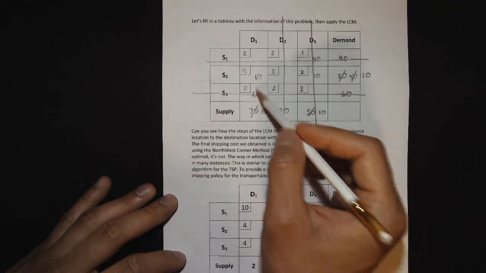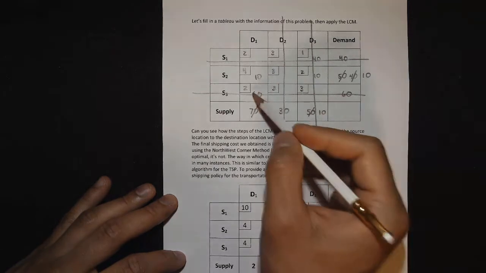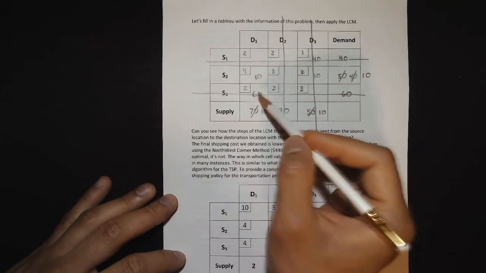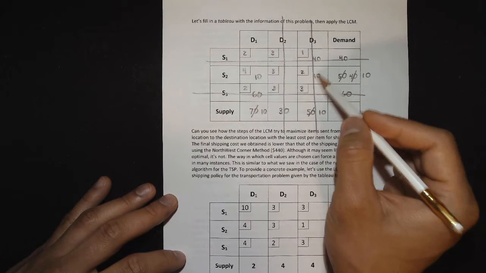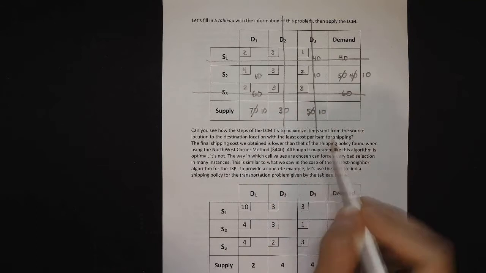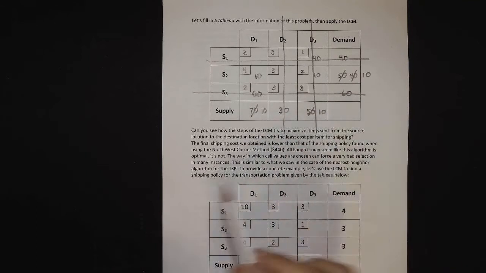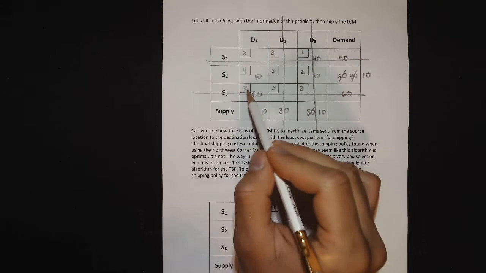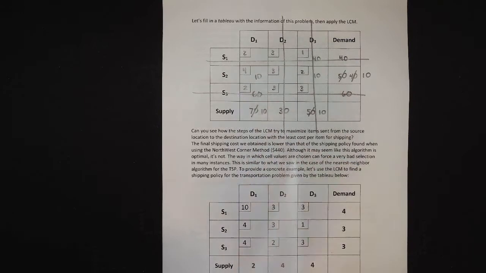We chose this cell because we were able to ship 60 items at this price as opposed to only 10. That's a subtle way you might not have noticed how the least cost method tries to maximize the exploitation of low shipping costs.